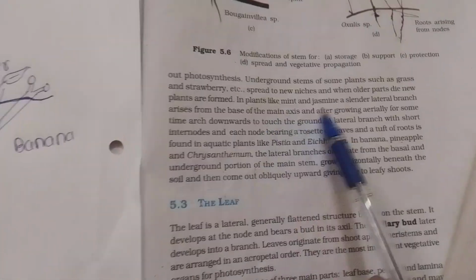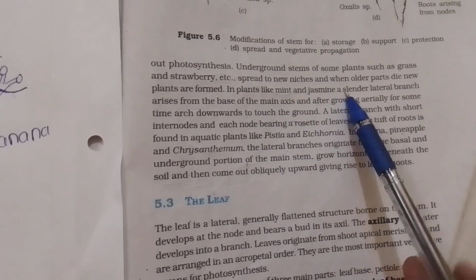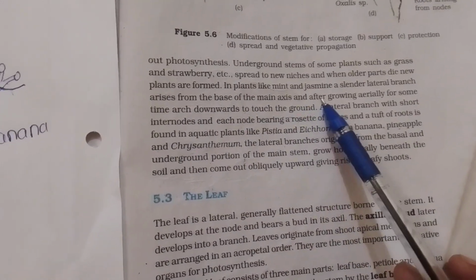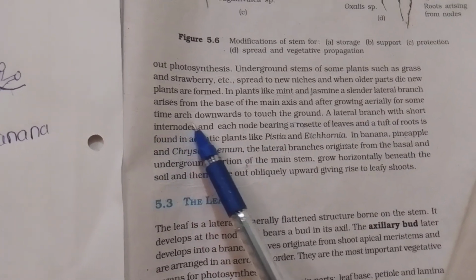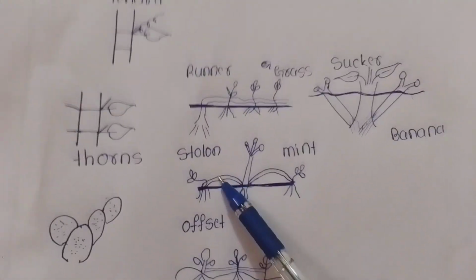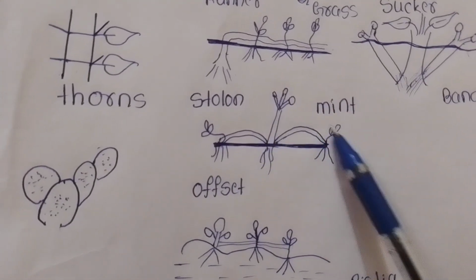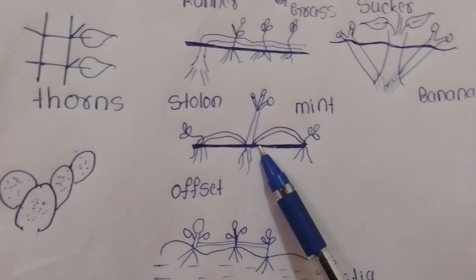And the next is the stolon. In plants like mint and jasmine, slender lateral branches arise from the base of the main axis and, after growing aerially for some time, arch downwards to touch the ground. You can see here the main stem and these lateral branches.